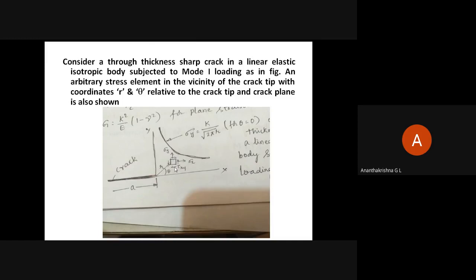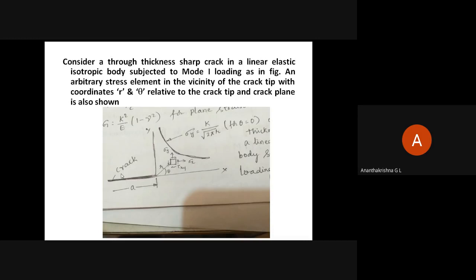So near the crack, we have taken a small element in r and theta coordinates relative to the crack tip, and crack plane is also shown, right? So what we have done is near the crack, we have considered a small element near the vicinity of the crack tip with coordinates r and theta.